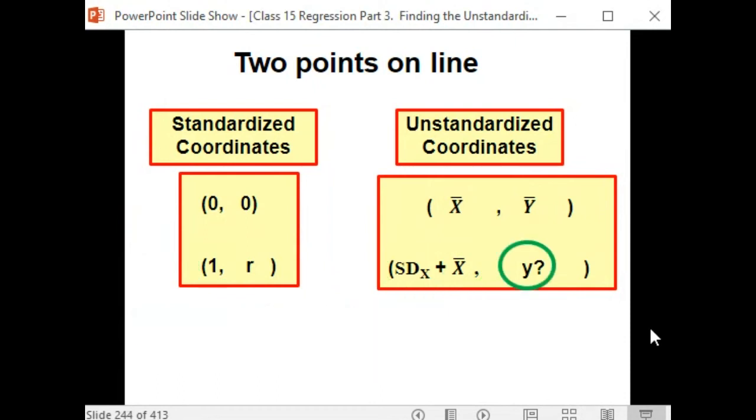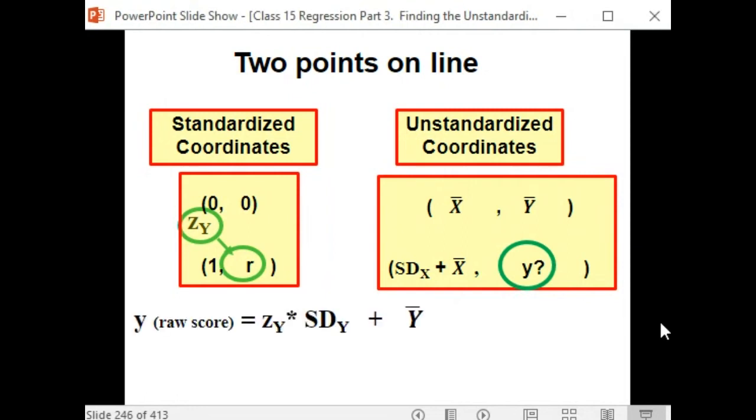Now next, we'll calculate the value of y, which is the second unstandardized coordinate of the point. Now again, we have a z-score to help us. The z of y for this point is equal to r. Now we can transform this z-score into a raw score using the same equation we used a minute ago.